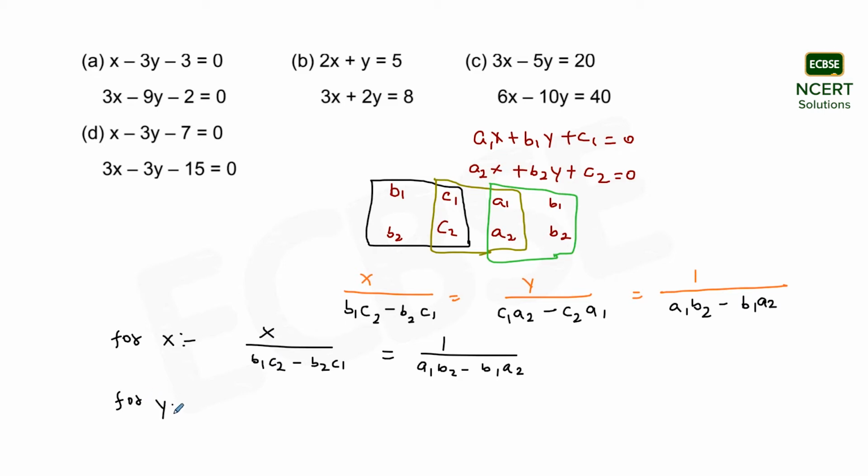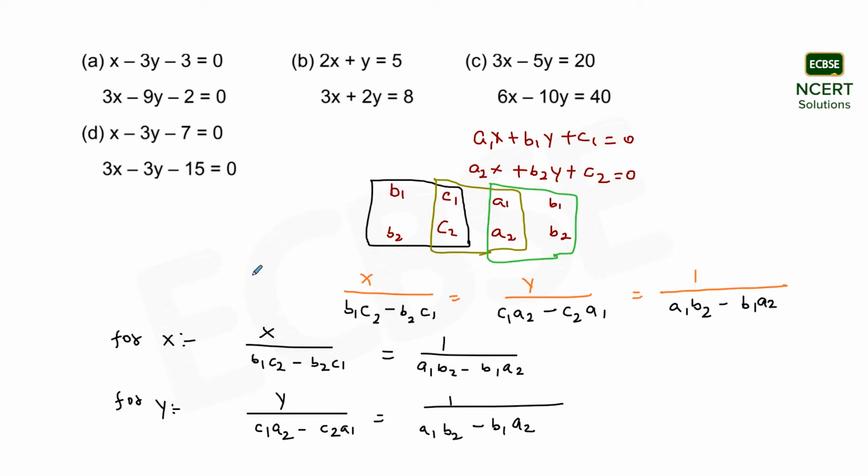And for y, what we need to do is to equate the second ratio, that is y divided by C1A2 minus C2A1, with the third ratio, that is 1 divided by A1B2 minus B1A2. So we have obtained the values for the variables x and y respectively, which was our main target, right?